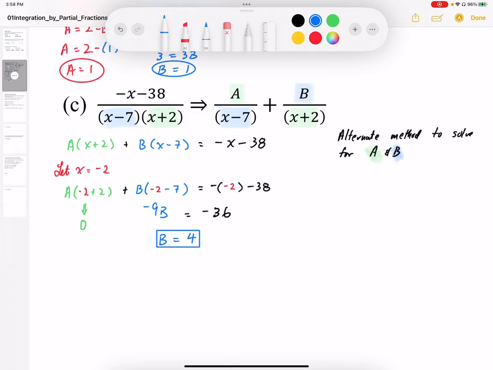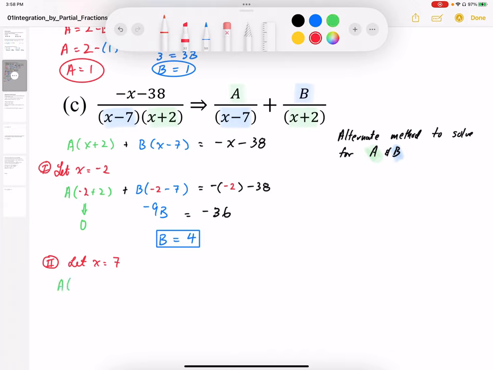But I can also do the same thing to get rid of the B coefficient by generating a zero multiplier. So that was part 1. Part 2 is to get rid of the other coefficient by letting x equal positive 7. And when I do that, I end up with this.